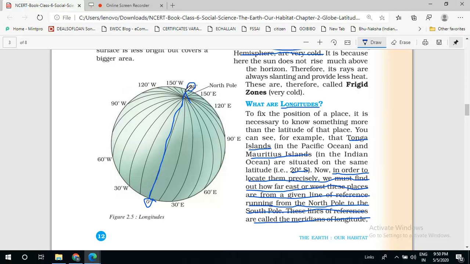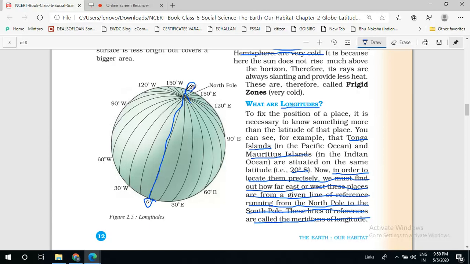And in the eastern direction also, the longitudes of 180 degree have been drawn. 1 degree east, 2 degrees, 3 degrees, like this it goes up to 180 degree east.